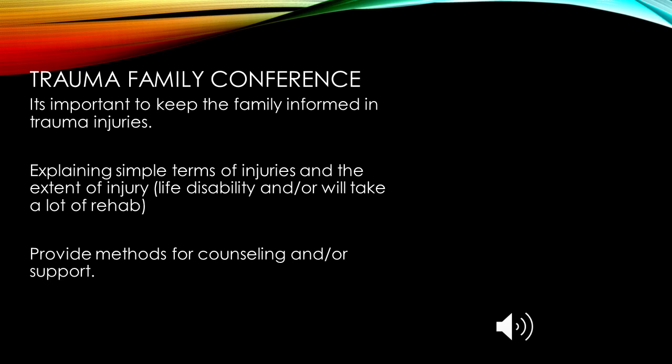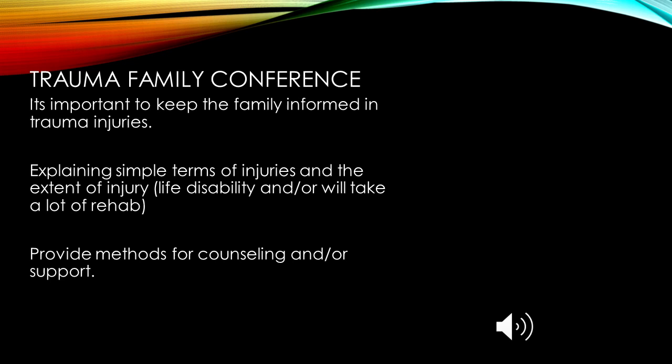Also, we need to provide social work and counseling for families with traumatic injuries, and have a discussion with them about how they're going to be around or supportive, or what their work looks like, to see where we might be able to help.